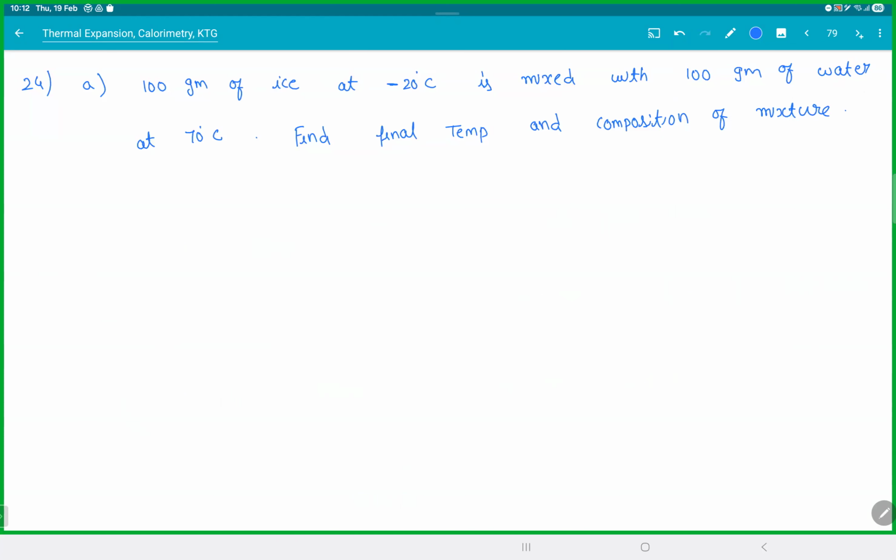Everything was ms delta T. Here, the ice is melting, so there's a latent heat also. So how do you handle this? Take a minute, then I'll show you. Think. How will you handle this? This is a pretty good one, mixing of ice and water and all that stuff.